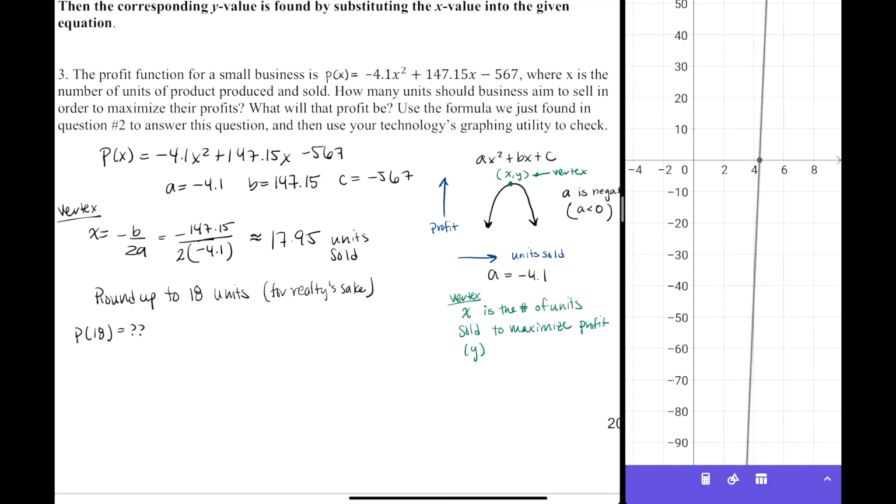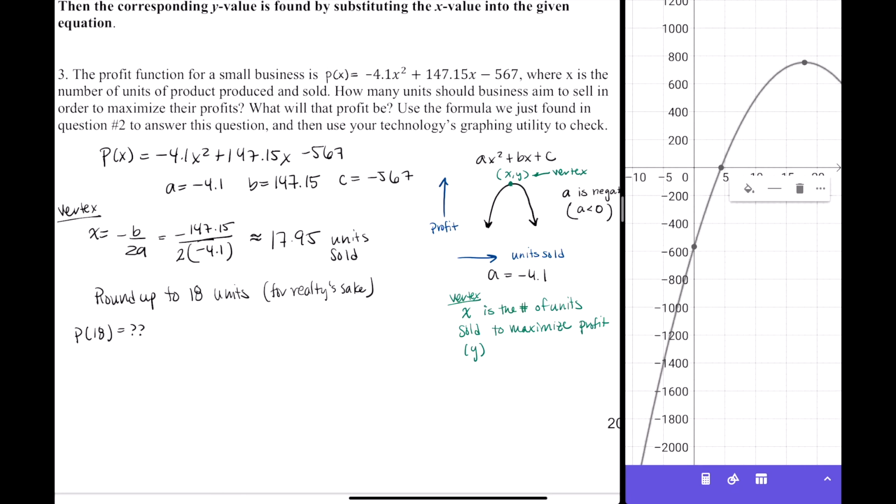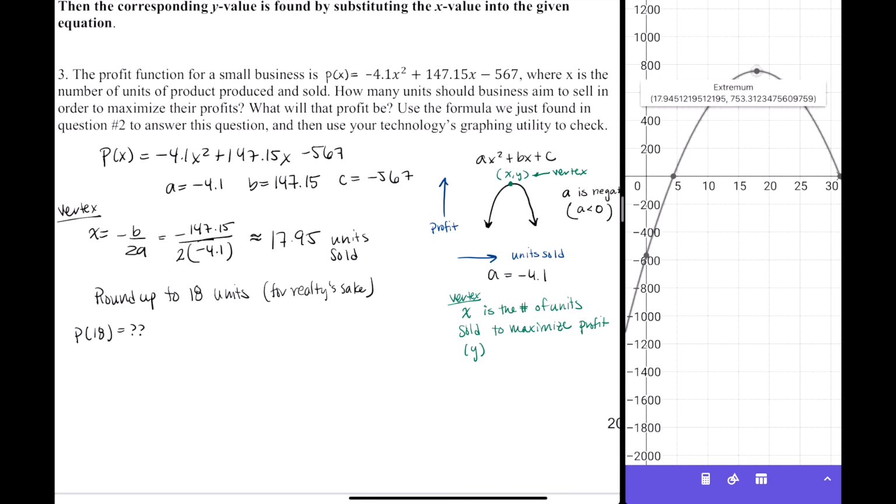And I can't really see anything, so let me squish this down and resize. Oh, there I go. There we are. And so there is our extremum. Look at that. 17.95 is pretty good. And our profit function evaluated at 17.95 is approximately $753.31.